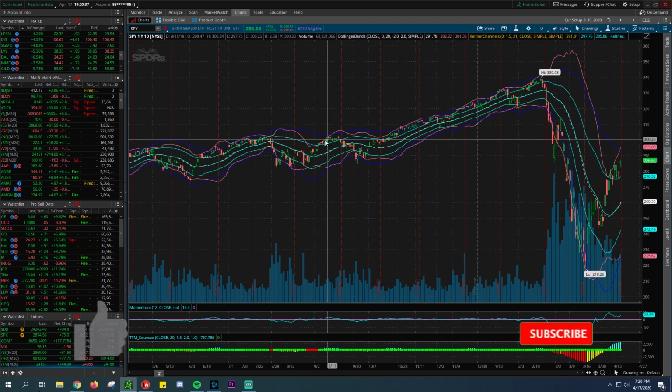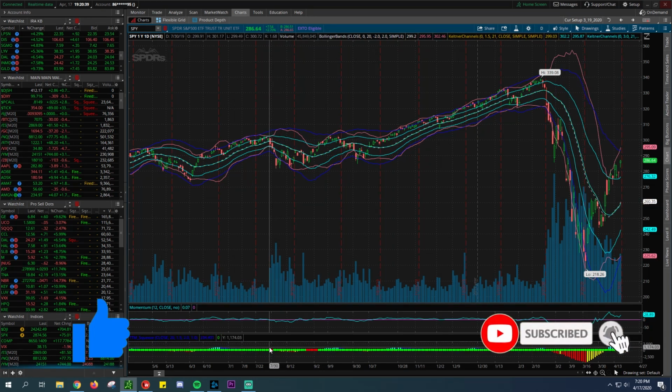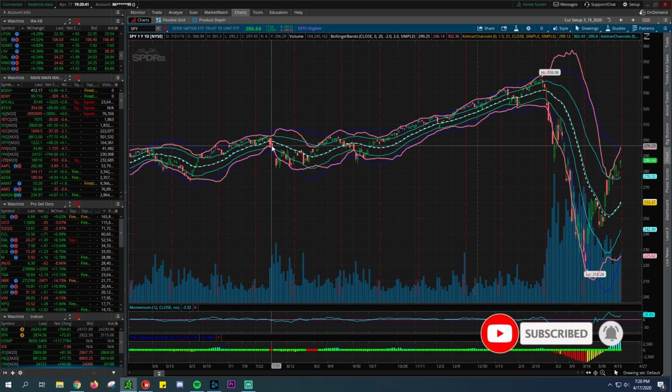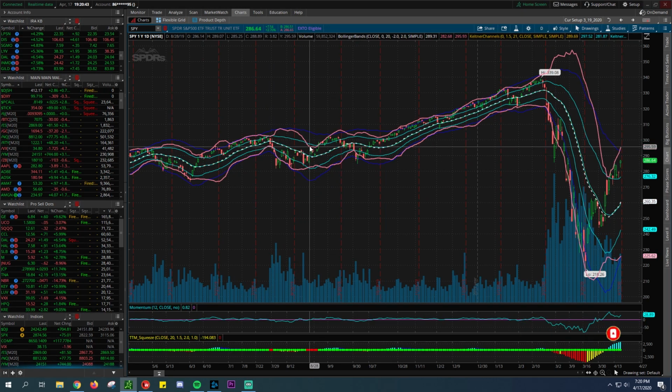Bada bing, bada bang. We had a small squeeze here, but it popped to the downside. It just means a lot of energy is cooped up and wants to explode out, but it doesn't know which way it goes. So it's a great little indicator. I really love it. It's a key part of what I do for trading, long-term and short-term, because it works on basically any time frame.